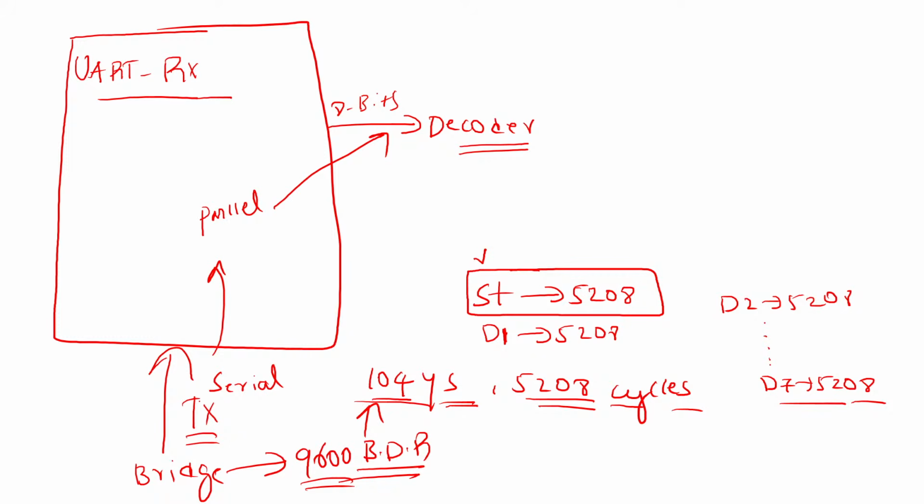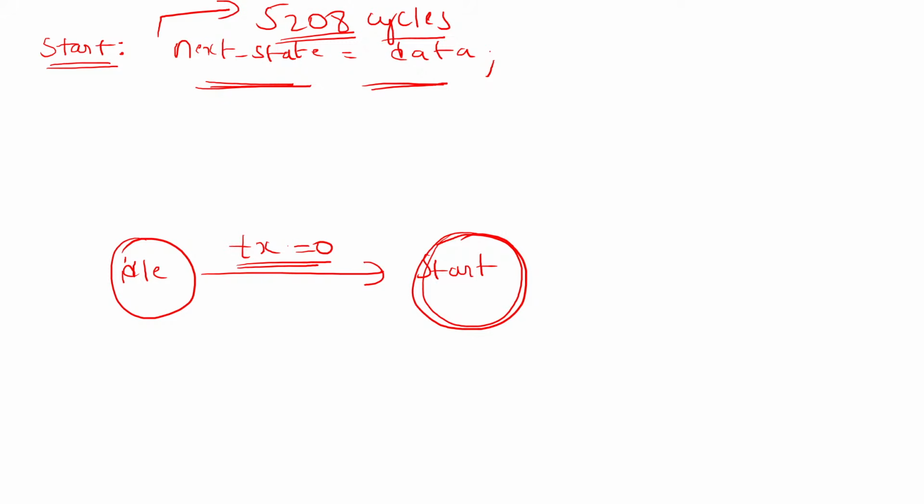So I was saying that in the previous session, we have seen that each particular data is available for 5208 cycles. Now, I have detected a start bit and entered into the start state. I should stay in the start state for 5208 cycles because my start bit will last that many cycles. I'm not going to get the data until 5208 cycles.